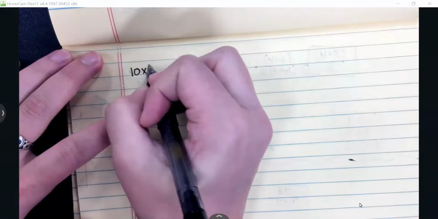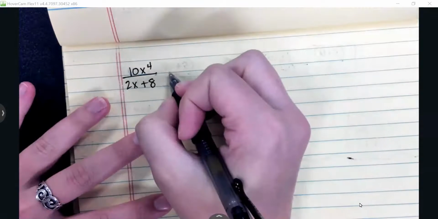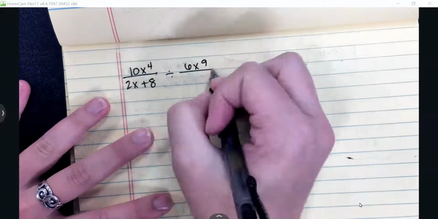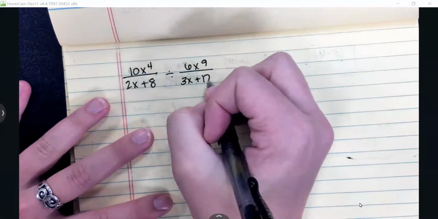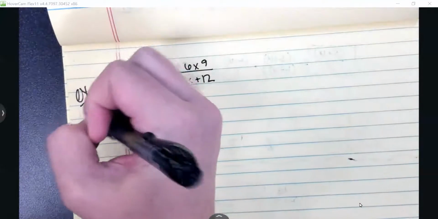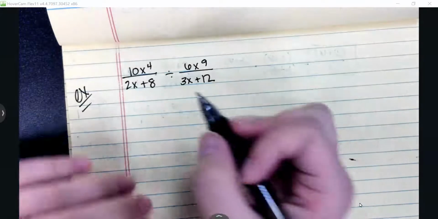10x to the 4th over 2x plus 8 divided by 6x to the 9th over 3x plus 12. So first thing I do is keep, change, flip.